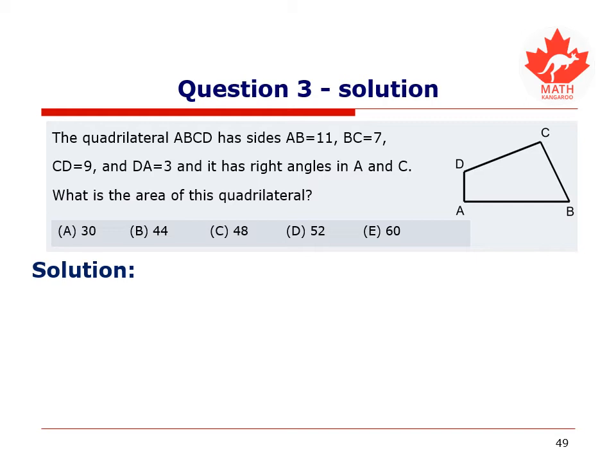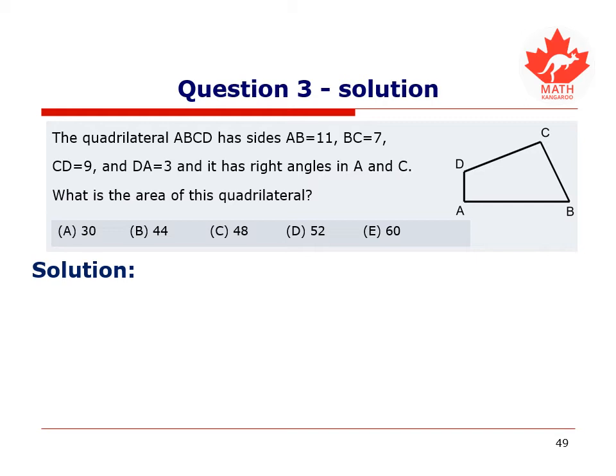Welcome back. Let's have a look now at the solution. We're told that a quadrilateral ABCD has sides. AB is 11, BC is 7, CD is 9, DA is 3, and it has right angles in A and C. And the objective is to find the area of the quadrilateral. Let's add the dimensions, this information, to our diagram.